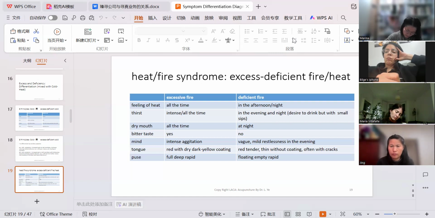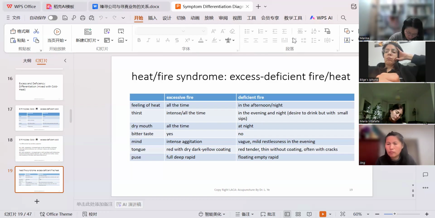If this thirst or dry mouth is caused by fluid or blood stasis, they don't like cold water. Sometimes slightly warm water works better for them, but a small amount.